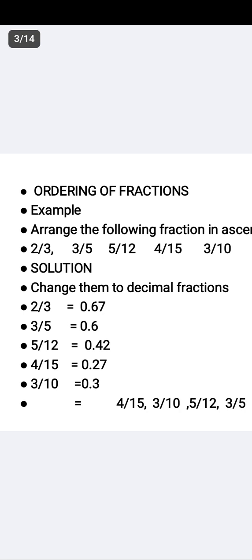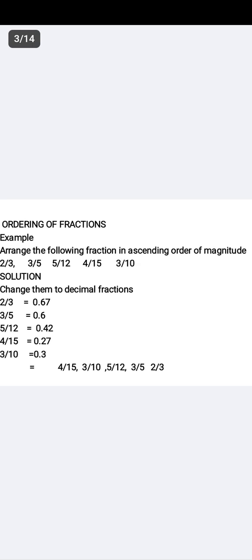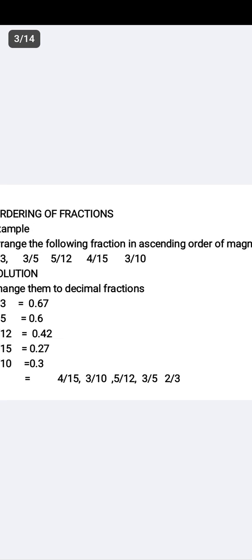And the next is 0.6, which is 3/5. And the last, or the biggest fraction there, is 2/3, which is 0.67. So the arrangement now in ascending order is 4/15, 3/10, 5/12, 3/5, and 2/3.